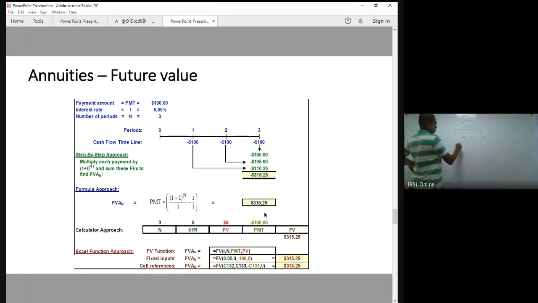So the future value of this annuity is the annual payment into, annual payment is 100, 1 plus 5% to the power 3 minus 1 divided by 5%.